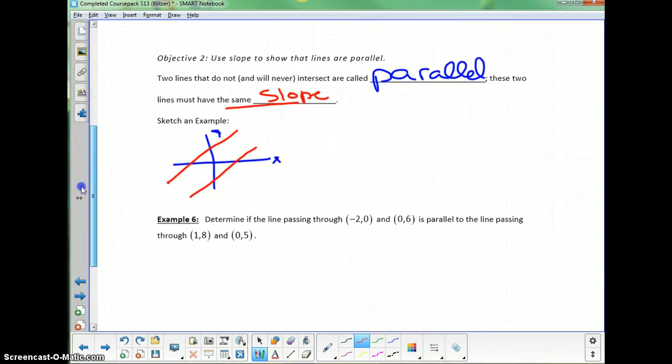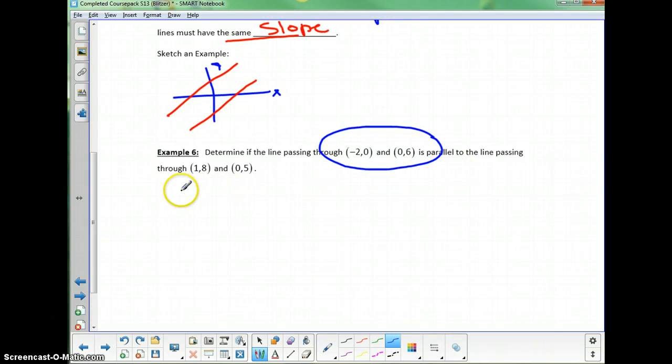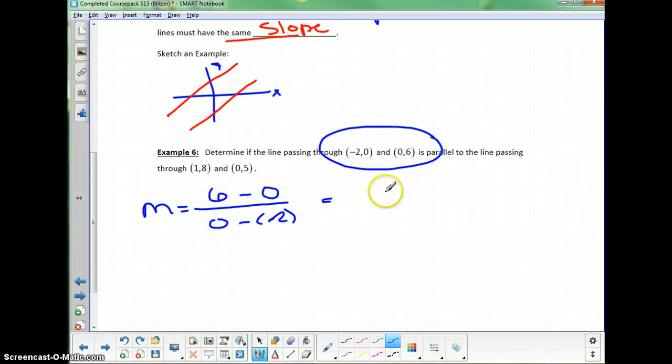Okay? So in example 6, we're going to determine if the line passing through (2, 0) and (0, 6) is parallel to the line passing through (1, 8) and (0, 5). So the first line's slope would be y2, which is 6, minus y1, which is 0, over x2, which is 0, minus x1, which is 2, giving negative 2. So that slope is going to be 6 divided by 2, or 3.